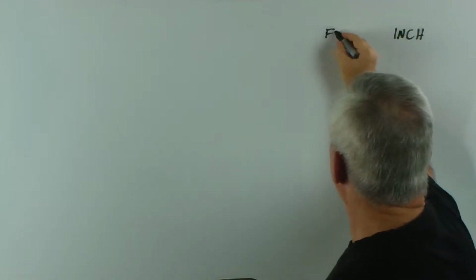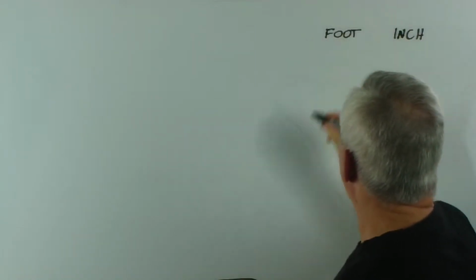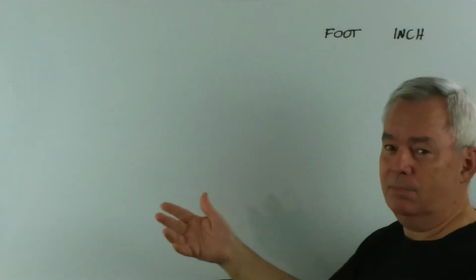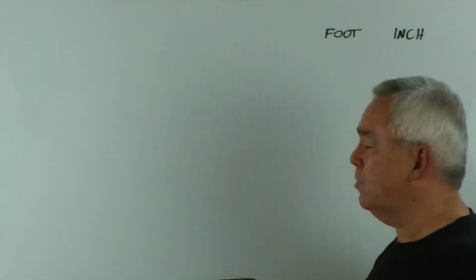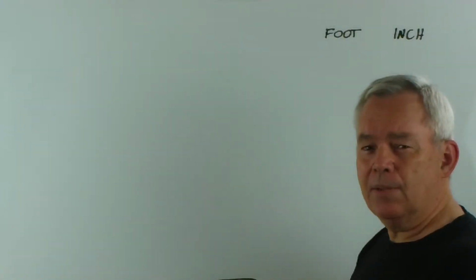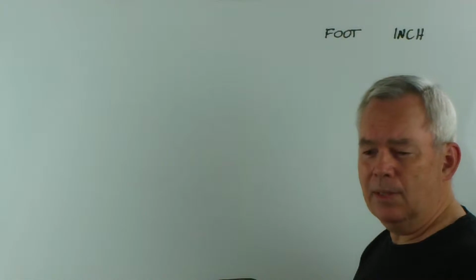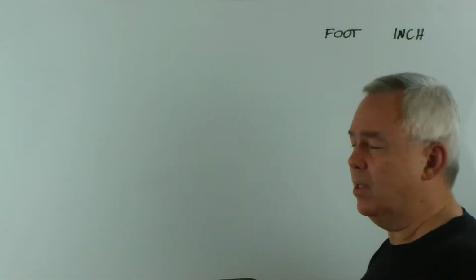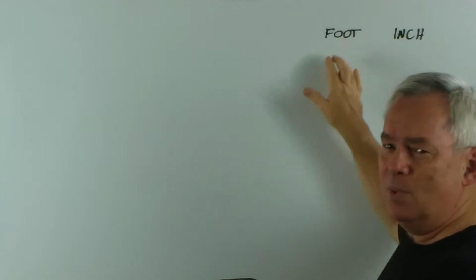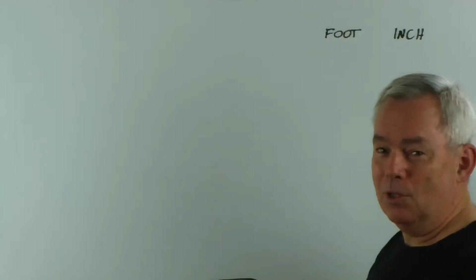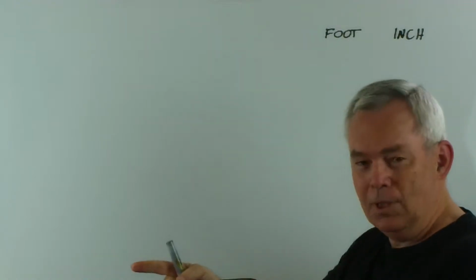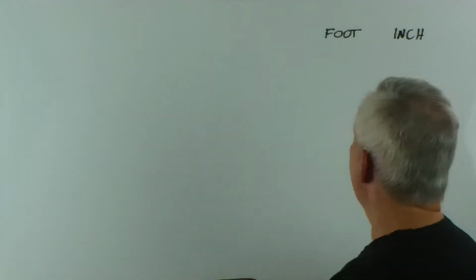The foot, used throughout the Greek and the Roman empires and in many parts of the world, was obviously the length of a foot. More or less, it varied a lot, even in the same culture from time to time. It appears to have been a foot with a shoe on it, because if you put your own foot against an American foot ruler, you'll see it's not that long.